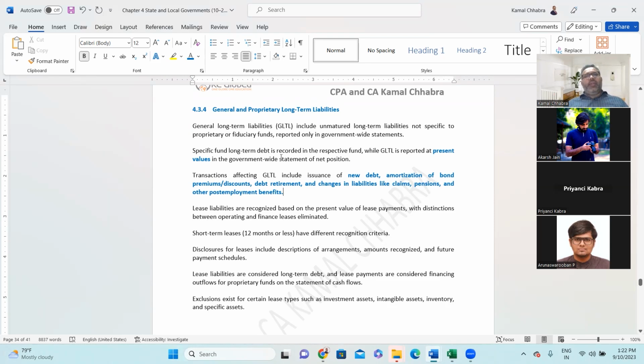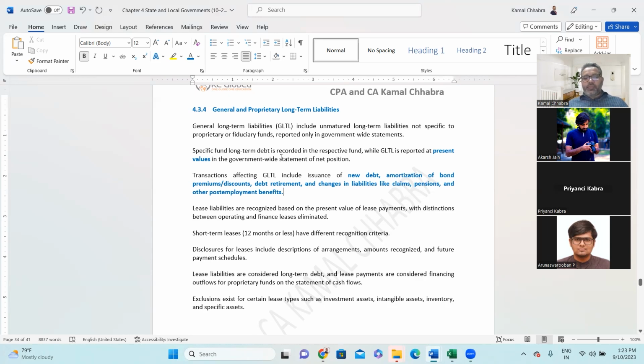On the other hand, when it comes to the government-wide financial statement, where you'll be reporting only the general liability, for example, the Government of India has taken a certain loan from the IMF. At what amount do we need to disclose that loan? That particular loan needs to be disclosed at the present value of the future cash outflows.